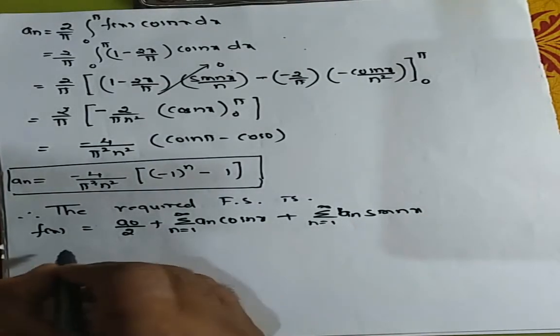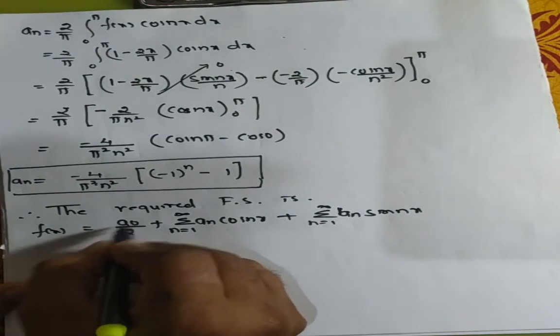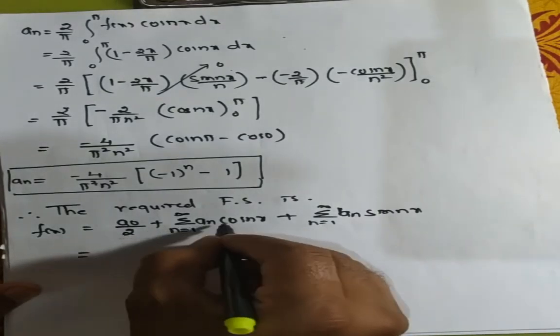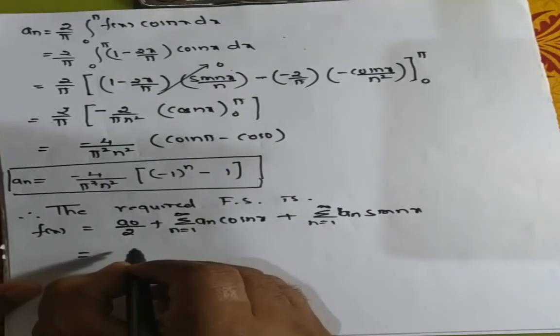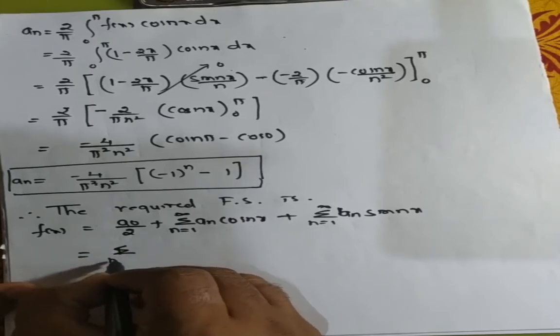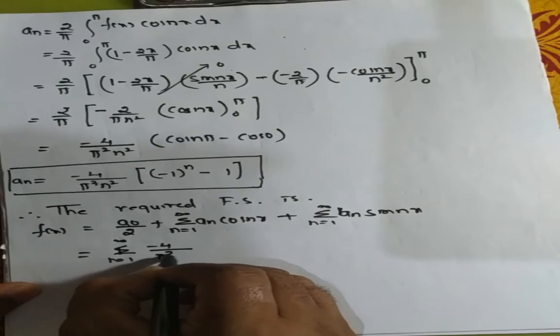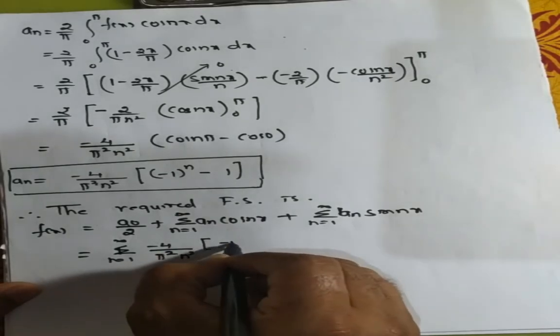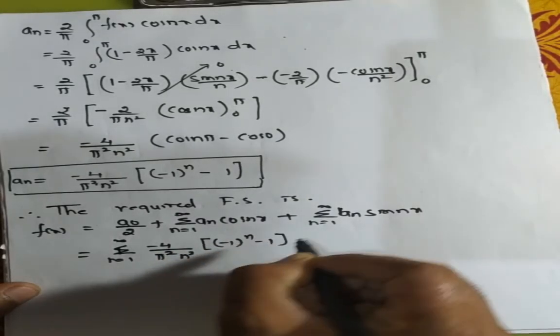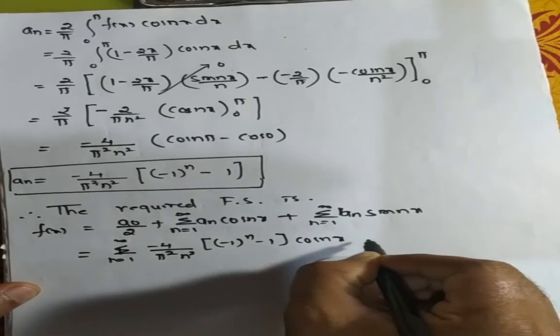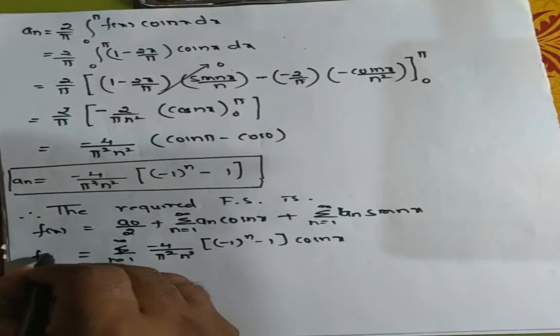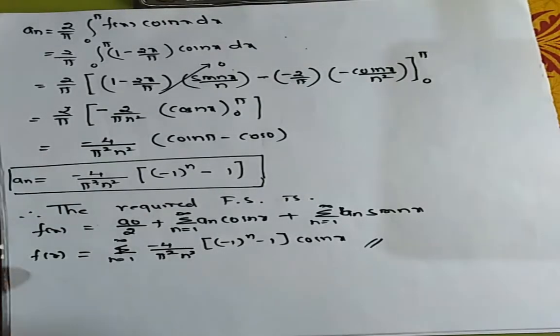Okay, so we got the answer as a naught as 0 and an we got as summation n from 1 to infinity, minus 4 divided by pi square n square, bracket minus 1 raised to n minus 1, cos nx. This is the required series.